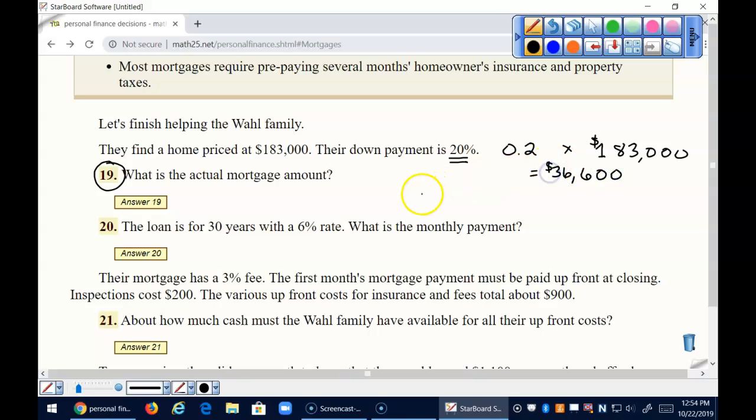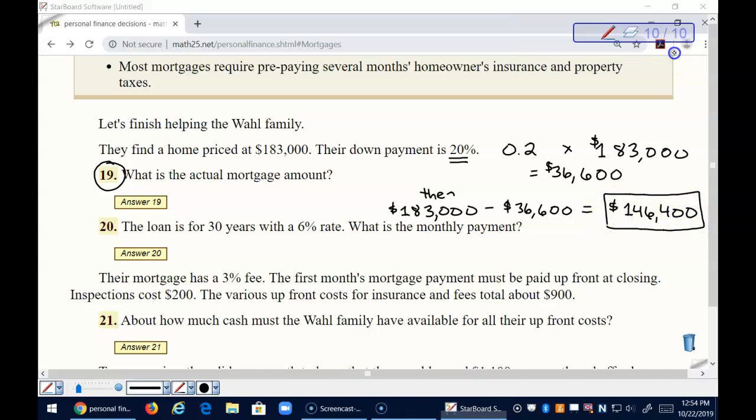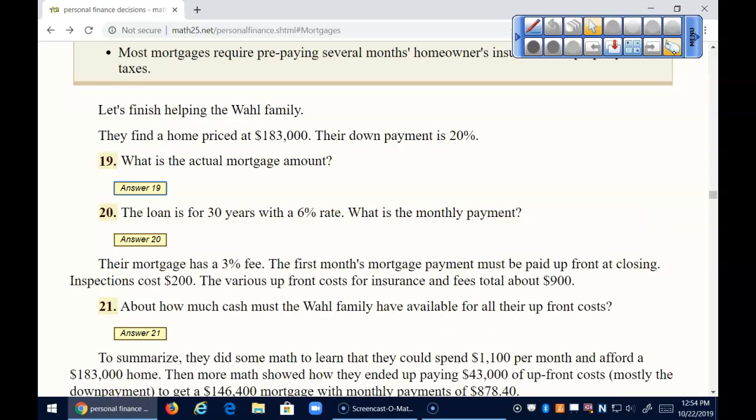So 146,400. Hopefully that's what my thing says. Yes. Okay.